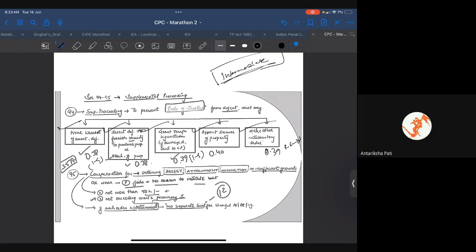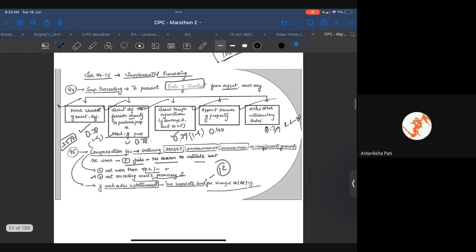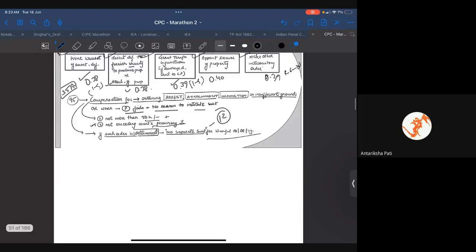Now, if such an order is determined, then no separate suit for wrongful arrest, attachment, or injunction can be brought. You just have to make an application.